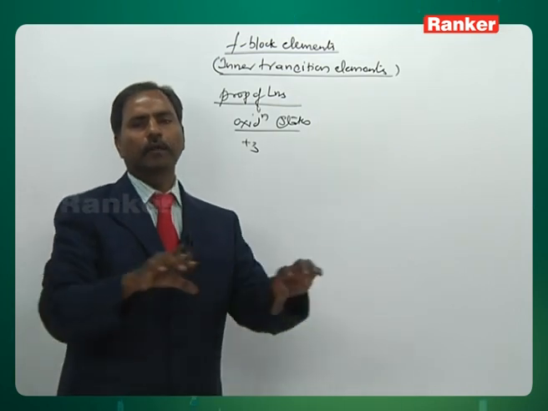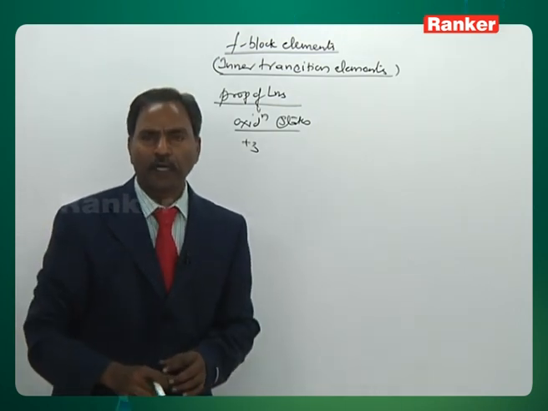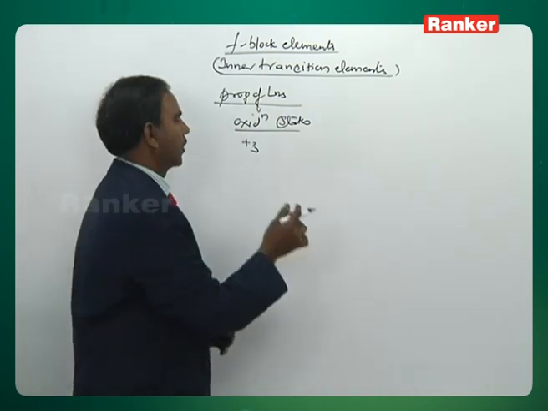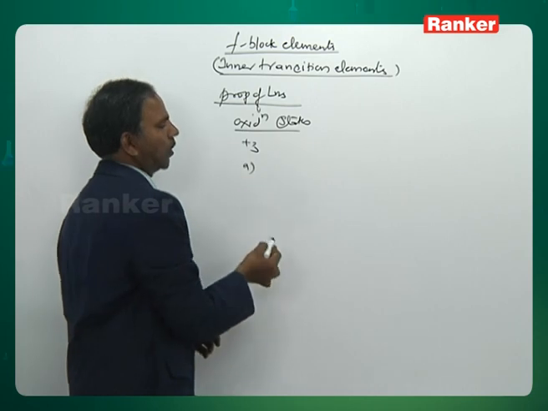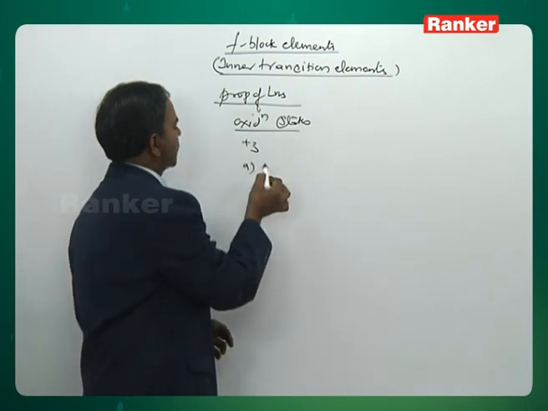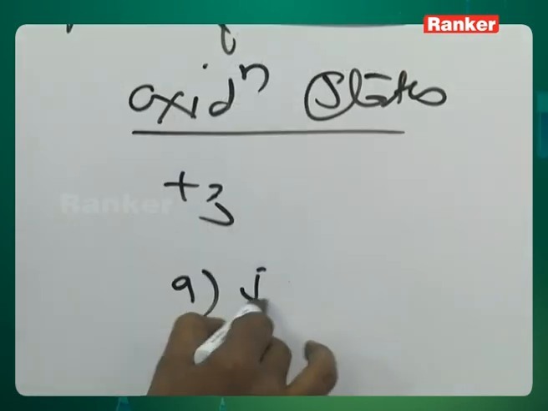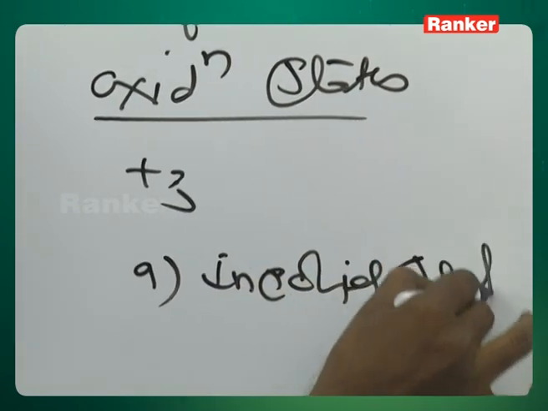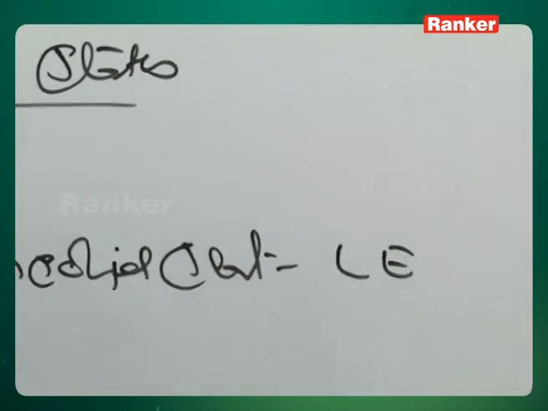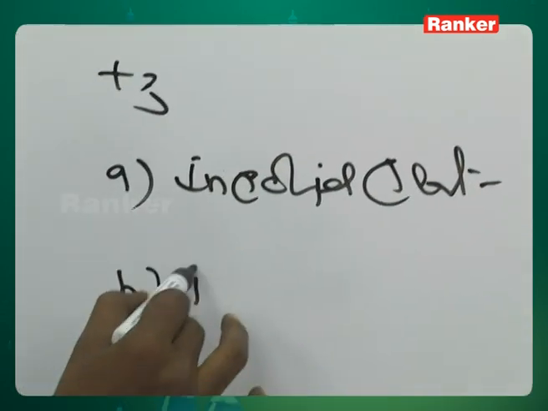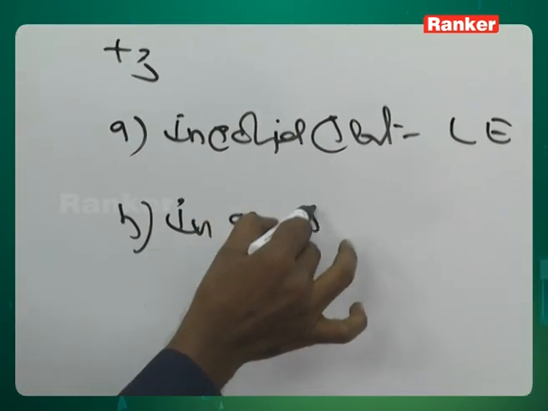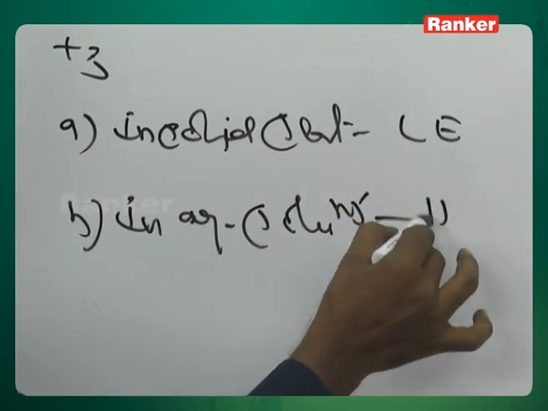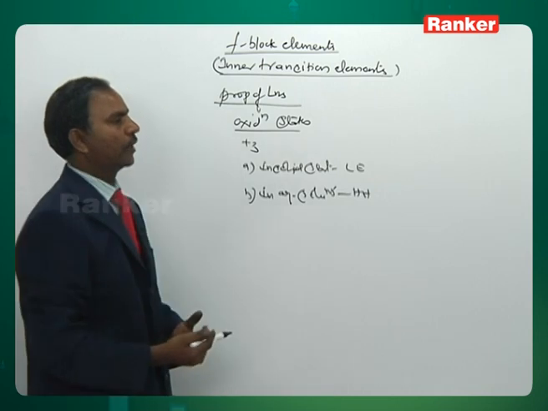Why do all 14 lanthanides commonly exhibit the +3 oxidation state? What are the reasons for it? It is due to their lattice energies in the solid state, or in aqueous solutions the heat of hydration values.